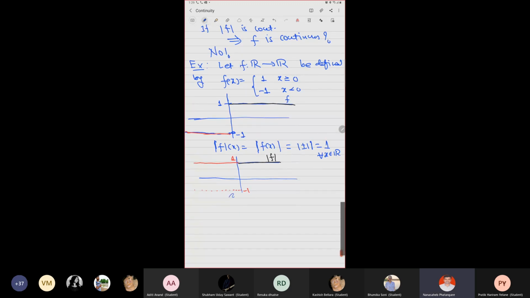So therefore, the absolute value of f(x) is equal to 1 for every x in R. So it is a constant function.